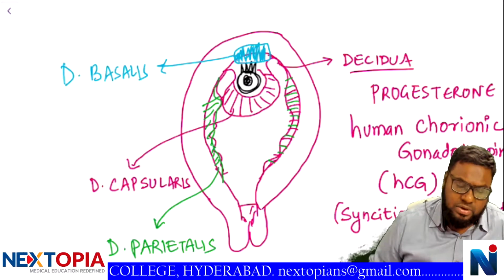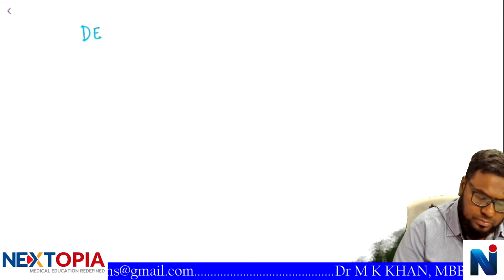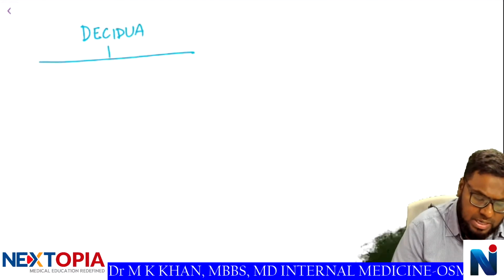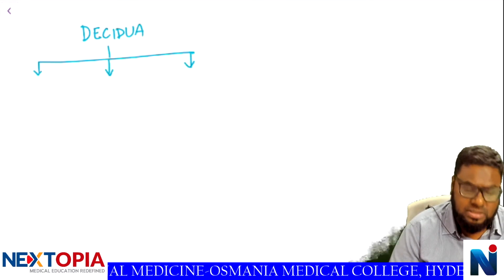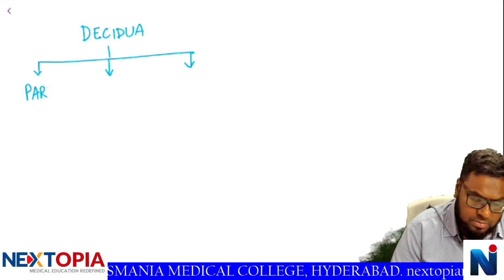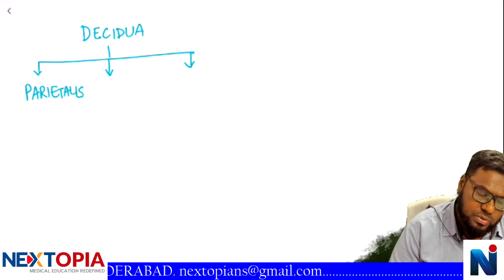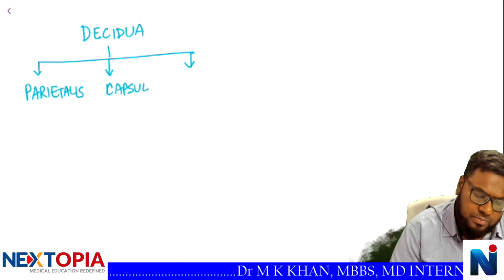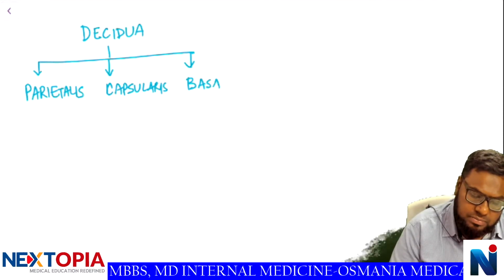To understand this, you need to understand that the decidua is divided into three types: decidua parietalis, decidua capsularis, and decidua basalis.